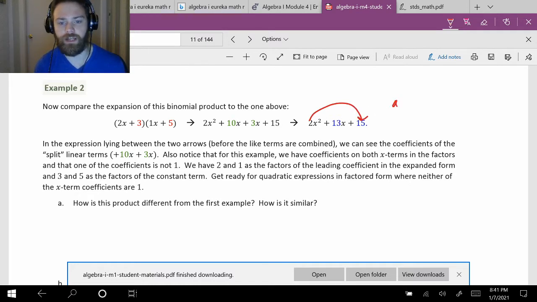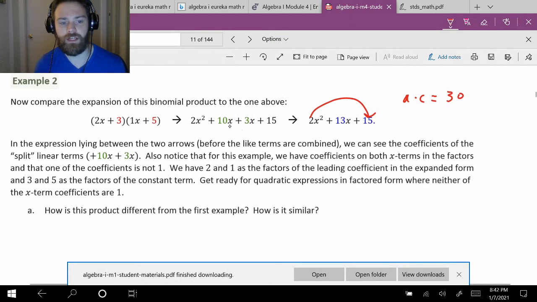If you look at a times c here, I get 30. 10 and 3 add to be 13x, but they don't multiply to be 15. But they do multiply to be 30. Sorry about all the misspeaking.